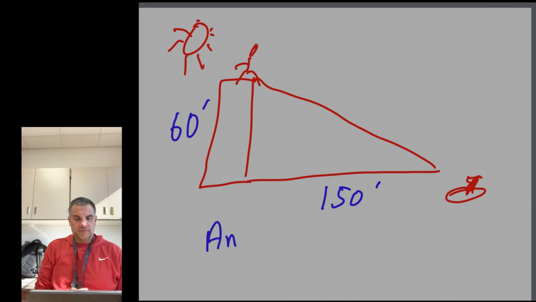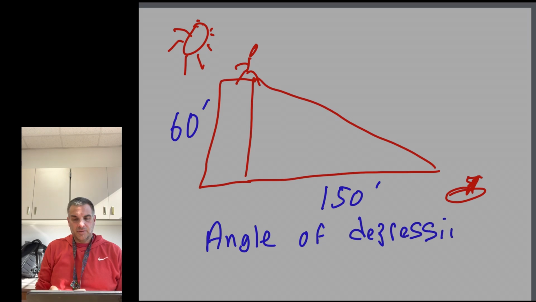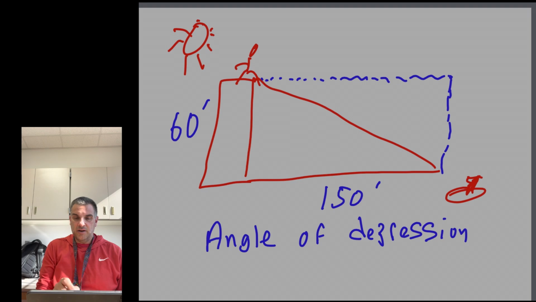This time we want to find the angle of depression. Right now the angle of depression is not drawn in there. In order to draw it in, I've got to extend this and down, because my angle of depression is right there.